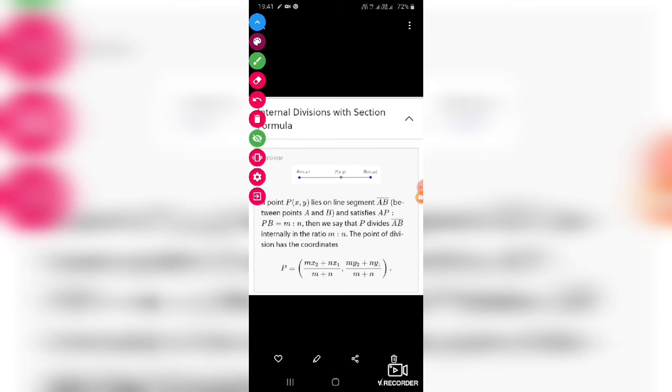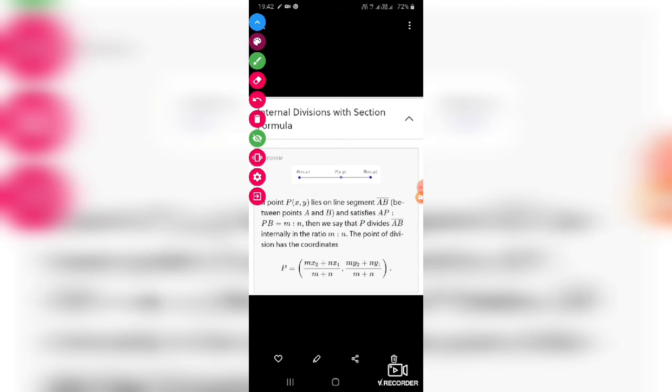Then how will we construct the formula? Class, this is m and this is n. So m into x2 plus n into x1 upon m plus n. Similarly, m into y2 plus n into y1 upon m plus n. So this formula is done. Simply we have to apply this formula and we will get the value of x and y of this P coordinate.